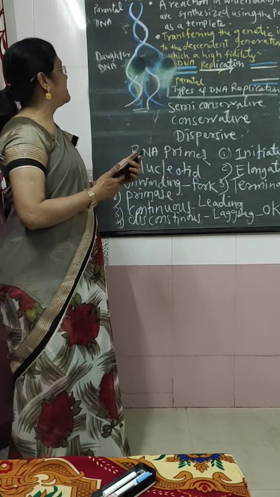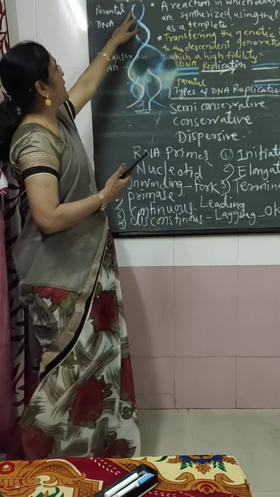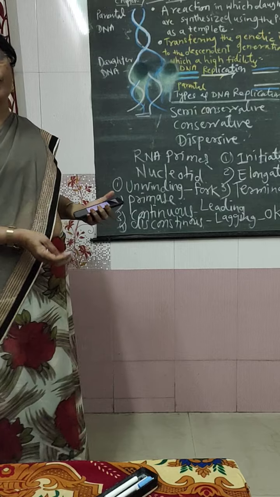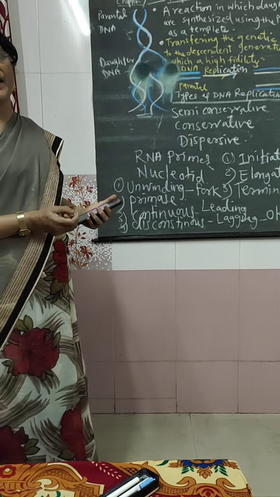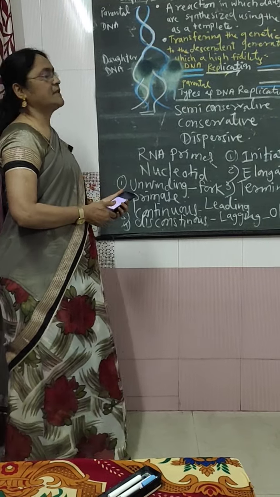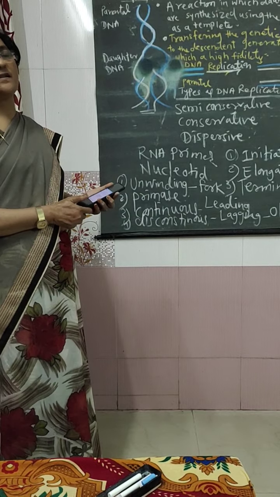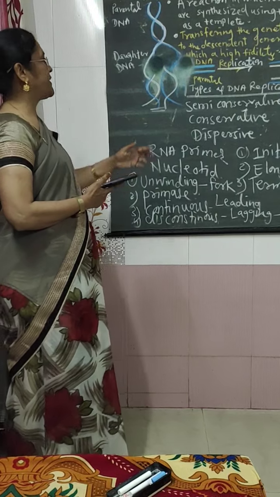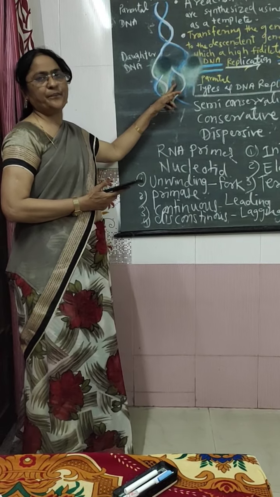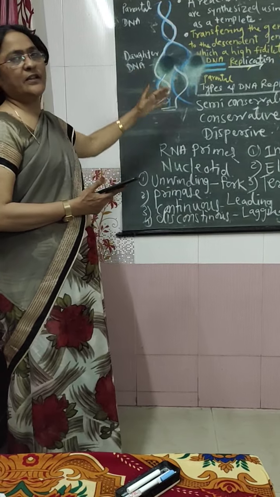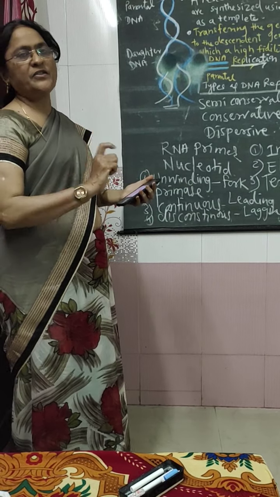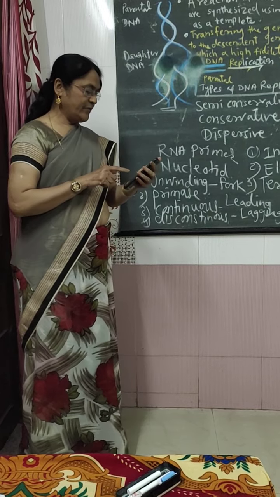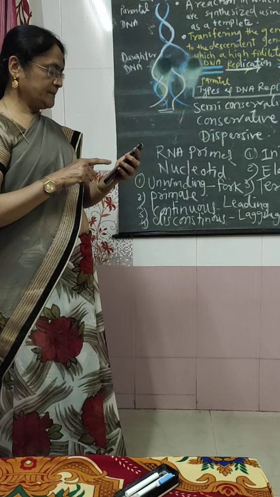There is a code in the form of ATCG. These are the nitrogen bases. These nitrogen bases are one type of information, called genetic information. That genetic information is transferred from one generation to another, and the hereditary characters depend on this.